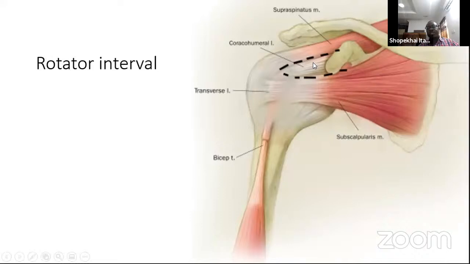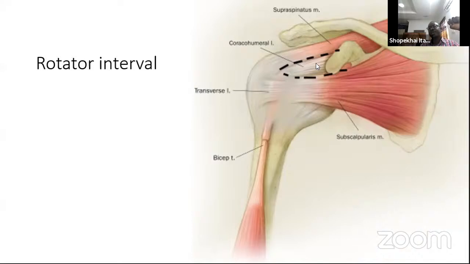Finally, I would like to talk about the rotator interval. This is the interval through which you come in the arthroscopic approach, and it's also a useful interval in repair when dealing with instability. It's bounded by the coracoid process medially, the supraspinatus superiorly, and the subscapularis inferiorly.